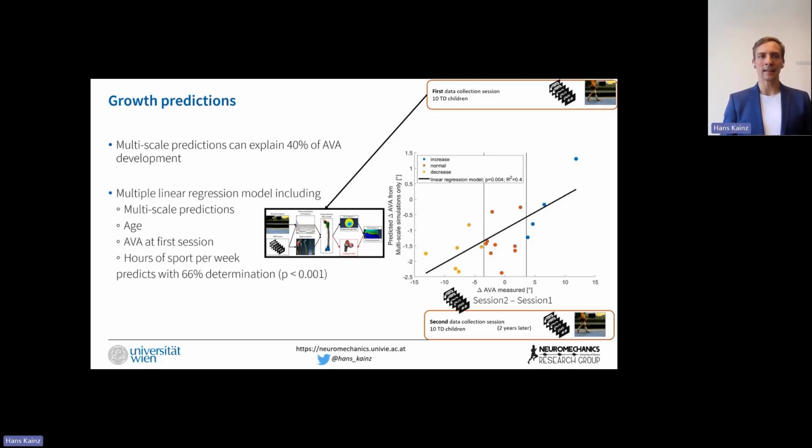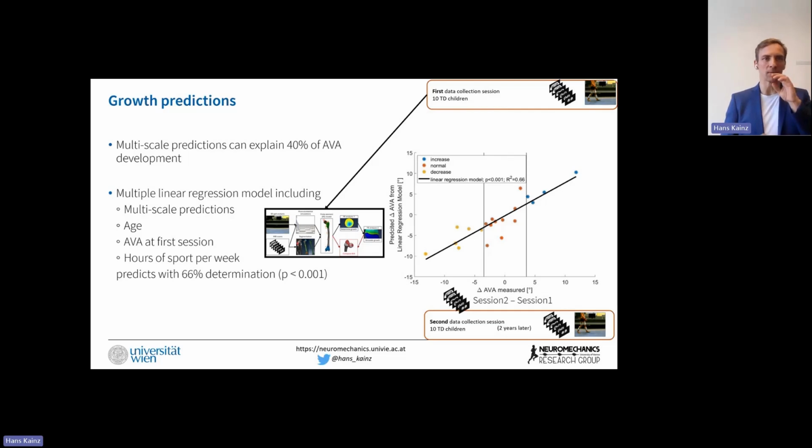When we then add the age and the anteversion at the first data collection, as well as the hours of sport our participants did, we get a better prediction and can predict approximately 66% of the development of the deformities.